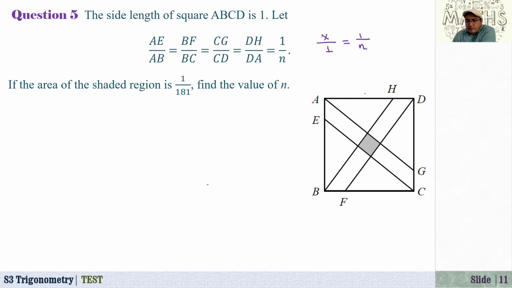If this one is X, this should be 1 minus X. So DH, 1 minus X over DA, that's equal to 1 over N. I think it doesn't matter. In each case, N is equal to 1 minus X.